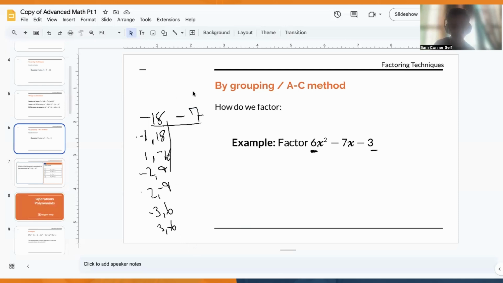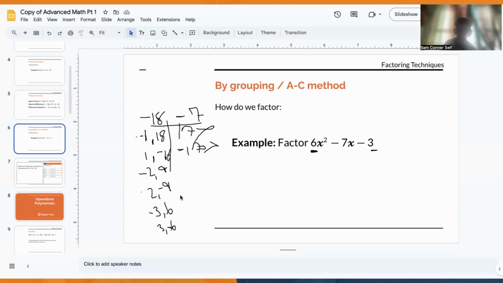And then we just go through and we see which of these adds up to negative 7. So negative 1 plus 18 is going to be 17, not 7. So it's not this. And then this is going to be negative 17. So we also know it's not these factors. Looking at negative 3, 6, this is going to add up to 3, and then this is going to add up to negative 3.